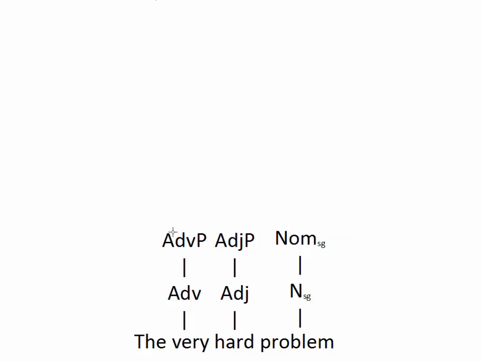Instead, what we need to do is combine the adverb phrase and the adjective phrase first to make a bigger adjective phrase. Okay, so we combine them to make a bigger adjective phrase. All right, because we've said adverbs can modify adjectives. When they do, we just get a bigger adjective phrase. Now that we have these combined, now we can say we have an adjective phrase plus a nominal to make a bigger nominal.